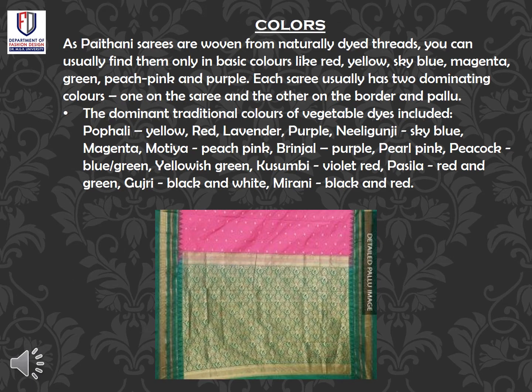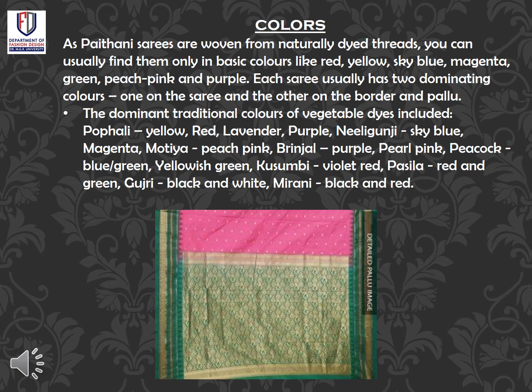The colors used. As Paithani sarees are woven from natural dye threads, you can usually find them only in basic colors like red, yellow, sky blue, magenta, green, peach, pink and purple. Each saree usually has two dominating colors, one on the saree and the other on the border and pallu.